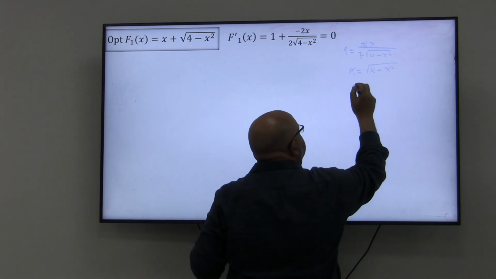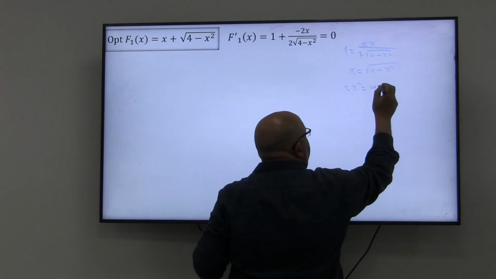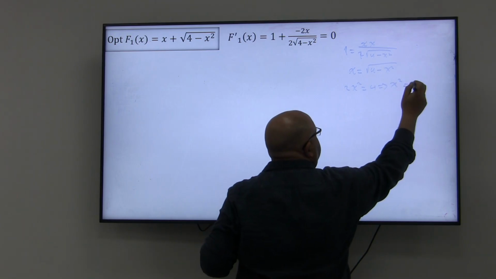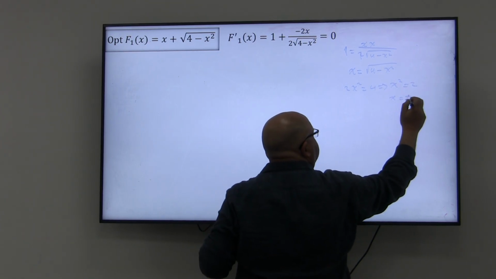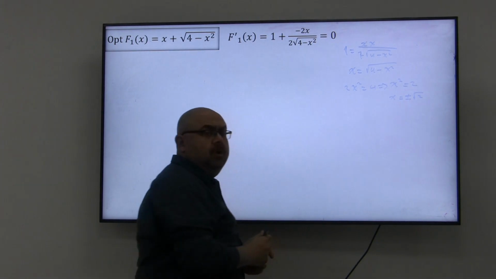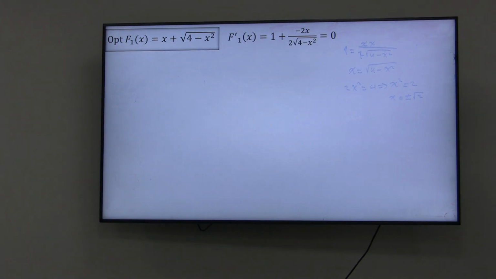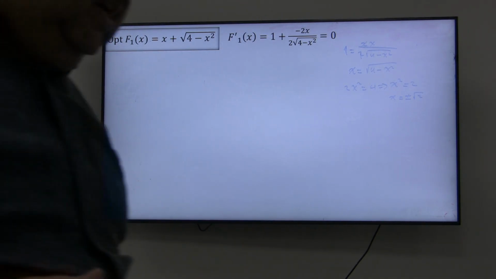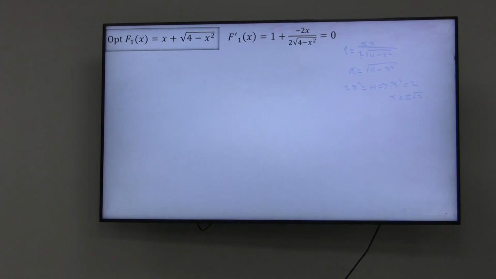Square both sides, so it's going to be 2x squared equal to 4, which leads to x squared is equal to 2. That's x is positive or negative root 2, and those are the steps, as you can see, if I want to solve this problem.